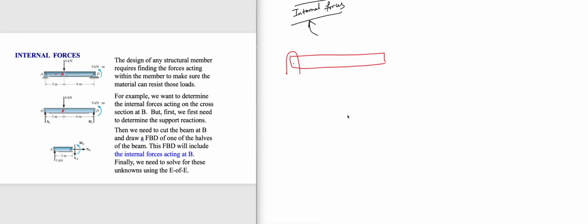You actually have a slider or a roller. At D you have a pin joint, and you have a 6 kilonewton force acting at B, and you have an external load of 9 kilonewton meter.